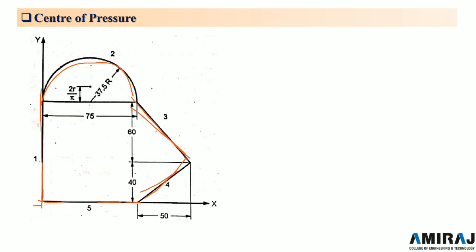And this point is called the center of pressure, and this is the center of gravity of the line that defines the perimeter of the blank, not the center of gravity of the area of the blank.